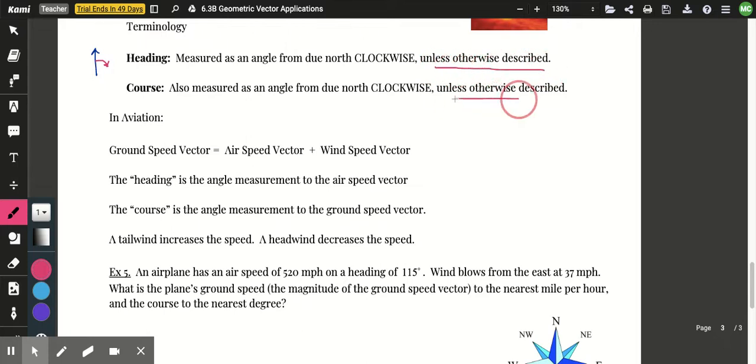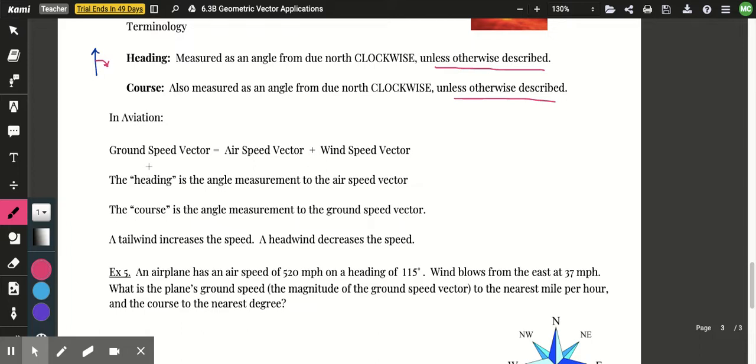So sometimes within these problems, they'll say things like 12 degrees east of north. Oh, that would be the same way. They may say 12 degrees west of north, which means you would start at north and then you would go 12 degrees to the west from there. So if they describe it differently, then you do it the way that it's described. But if they just give you an angle, it's from north clockwise.